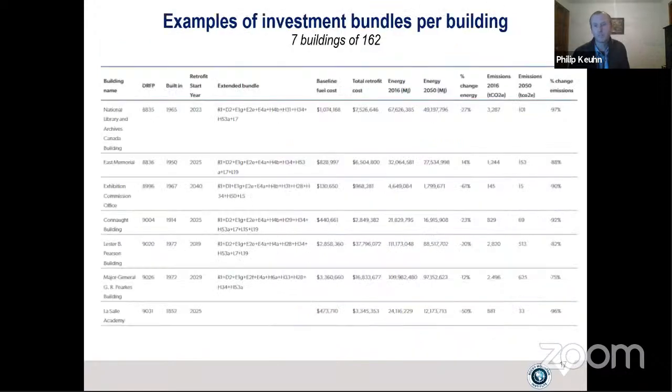It's another example from the report. This one is showing just 7 buildings and a summary of the results of each building out of the 162 that we modeled. The one thing I want to highlight here, which we've seen in all of the pilots that we've done, is how much the appropriate bundle per building changes.